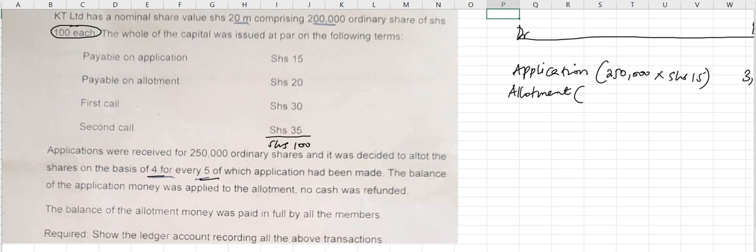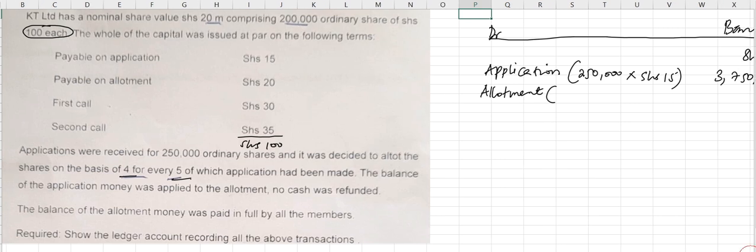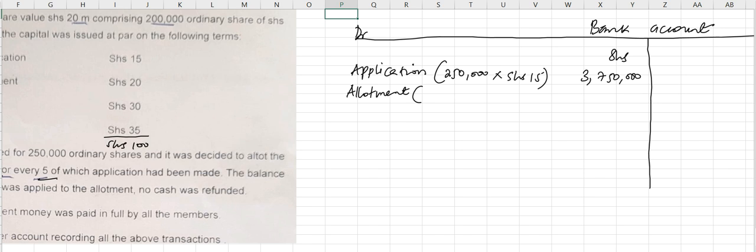When you get 4 over 5 times 250,000, you get the 200,000 shares, which are the number of shares they have. So 200,000 shares at a price of shillings 20 gives you 4 million.